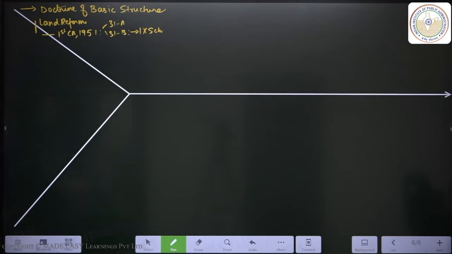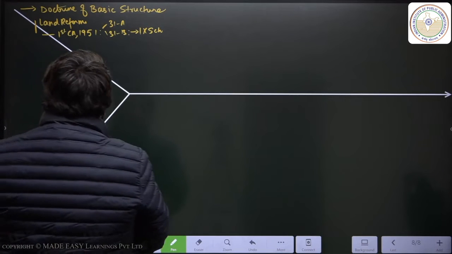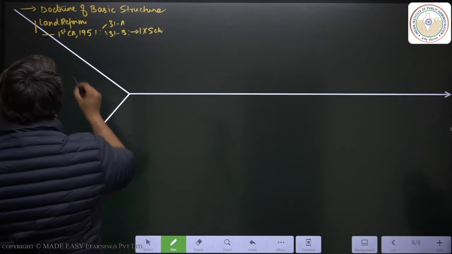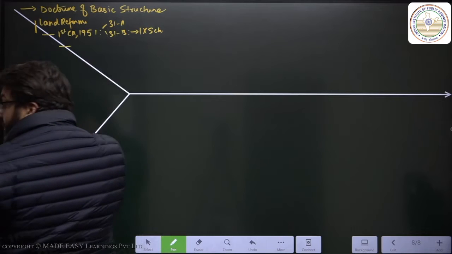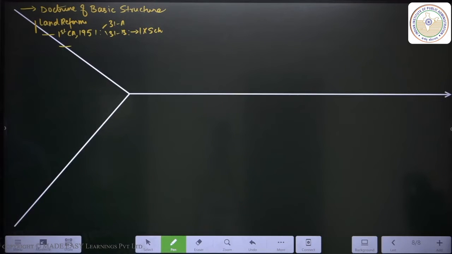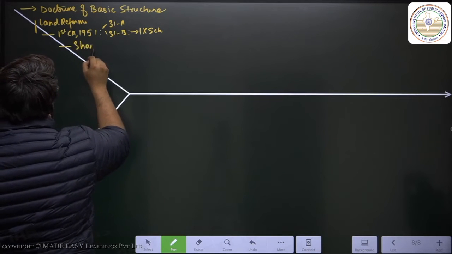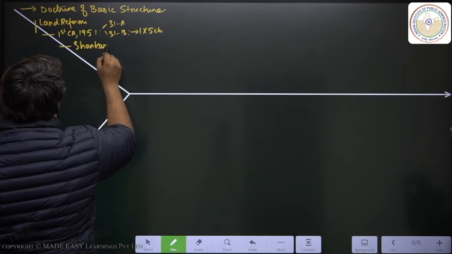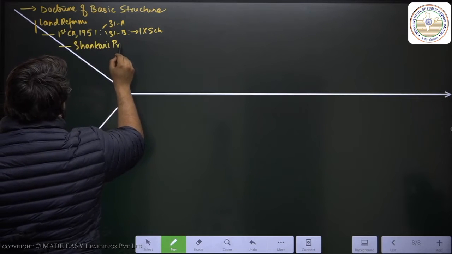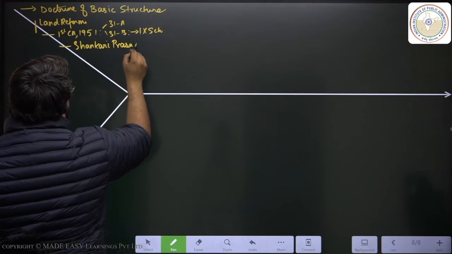Now, in the same year itself, in 1951, there was a landlord. His name was Shankari Prasad.